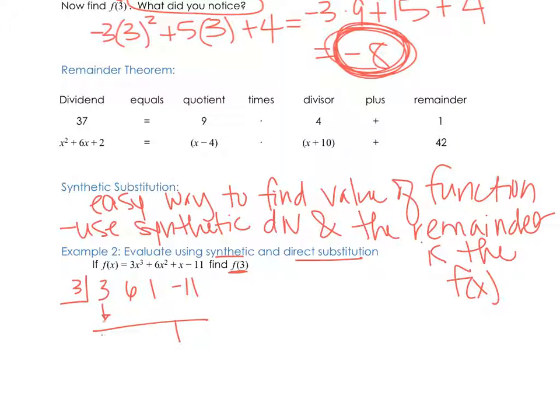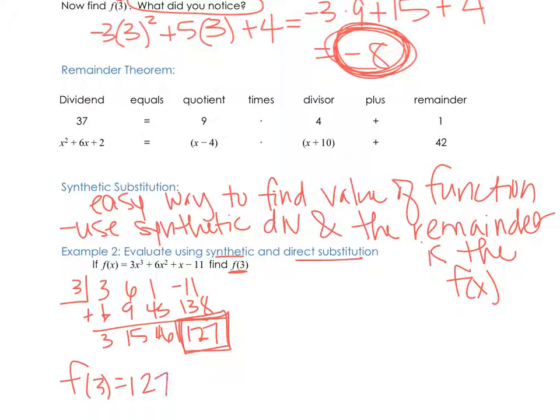Bring my 3 down. 3 times 3 is 9. 6 plus 9 is 15. 3 times 15 is 45. 1 plus 45 is 46. 3 times 46 is 138. Negative 11 plus 138 is 127. So our remainder is 127, and we can see f of 3 is equal to 127.